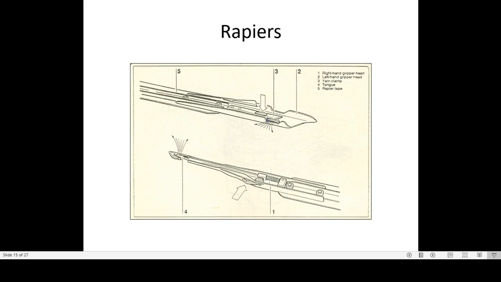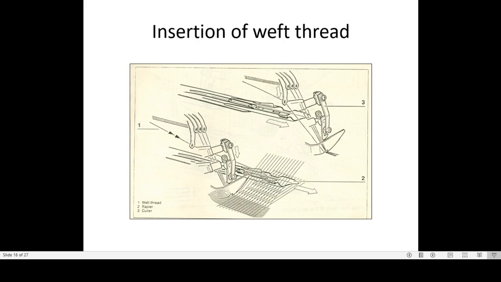So next, insertion of weft thread, or the operating sequence of weft insertion. How is the weft inserted here? In the figure we can see the cutter unit, bottom cutter and top cutter.